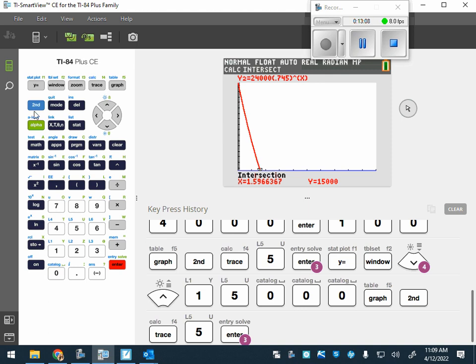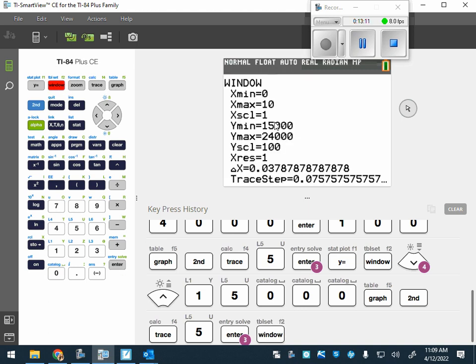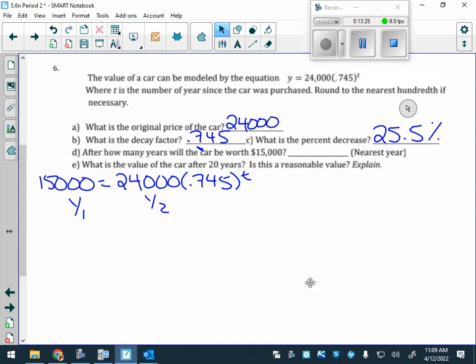So that's why even if you did 14,000 here, it just bumps it up just enough so you could see it. And again, sometimes it works, sometimes it doesn't, depending on the calculator too. It's very temperamental, all these calculators. So just be careful with that. So if you had 1.6 or to the nearest year would be 2 years, you are correct.